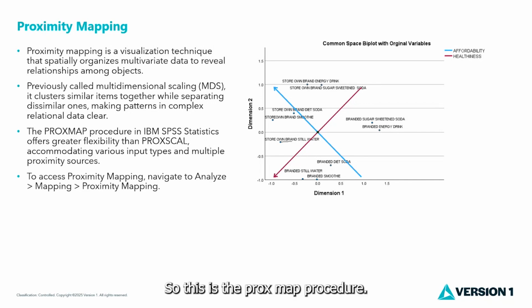So this is the ProxMap procedure, and it's going to give you greater flexibility than ProxScal, accommodating various input types and multiple proximity sources. To access proximity mapping, go to Analyze, Mapping, and Proximity Mapping.